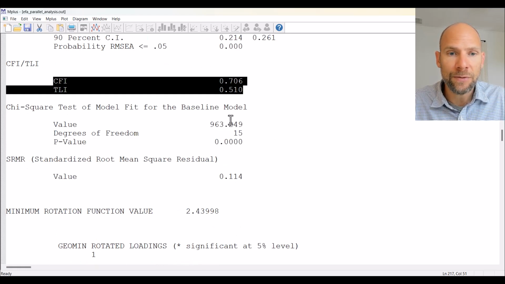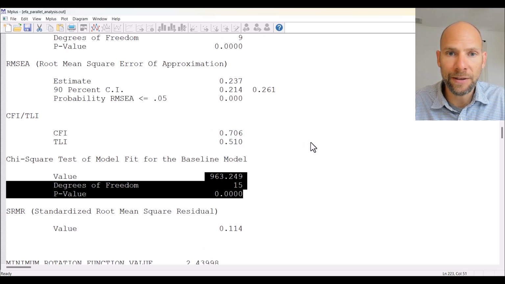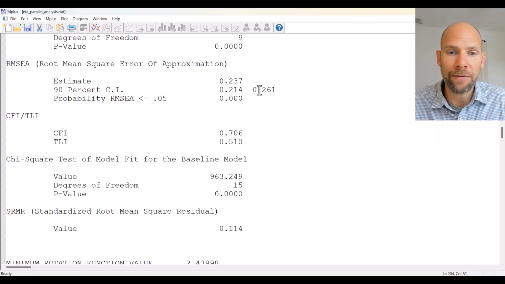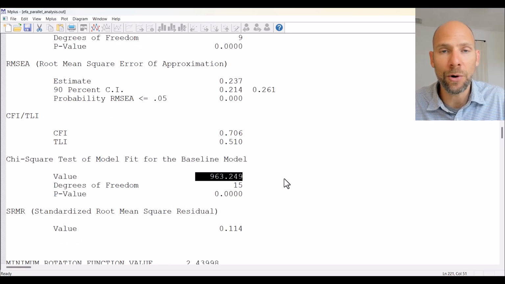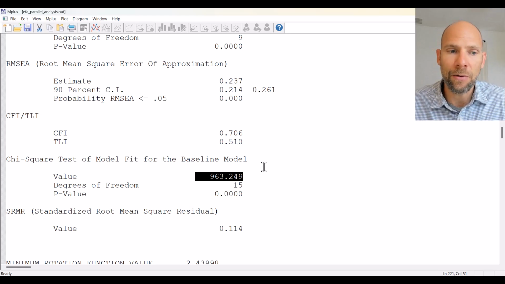The chi-square test for the baseline model is a model that's very basic, that assumes that there are no covariances between the variables, and that of course is an even more terrible fit than our target model. You can see that the target model has already a terrible chi-square of 287. The baseline model is even worse because it assumes that the variables are uncorrelated, which is totally not the case in our example.